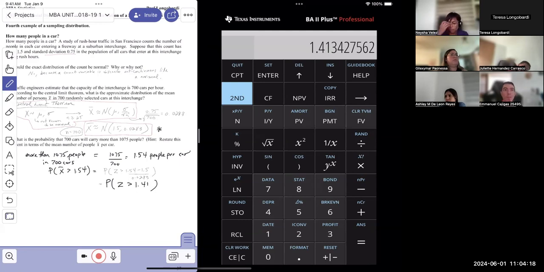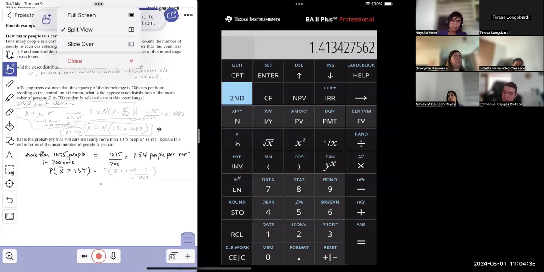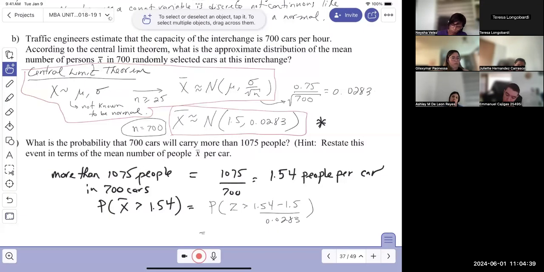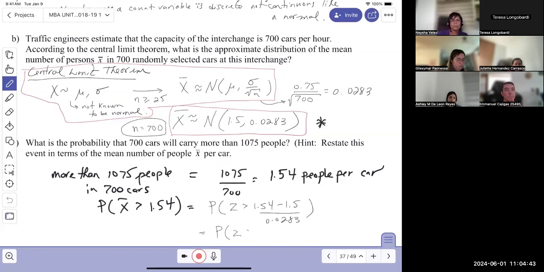Did anybody else get a different number? Very good, Eliximar. I'm going to make it big and do that again. So you just finish the problem.